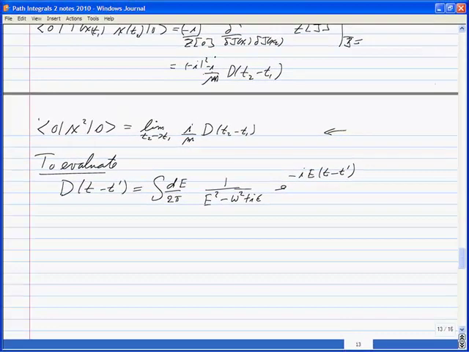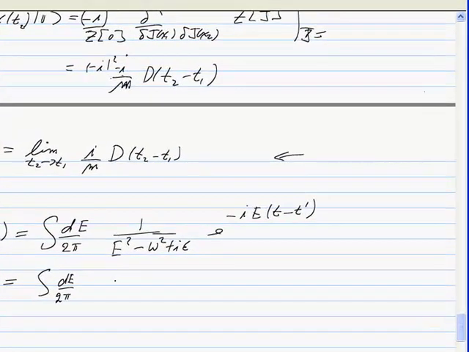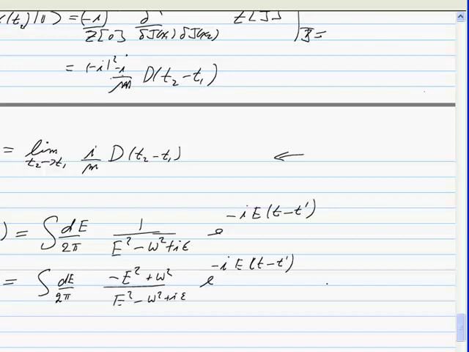This is just a Fourier representation of that, because you can just see it if I do d squared by dt squared plus omega squared on d. The t dependence is explicit, so I get the integral dE over 2 pi of minus E squared plus omega squared, and there's no more pole once I do that. And that's the delta function. So it works.